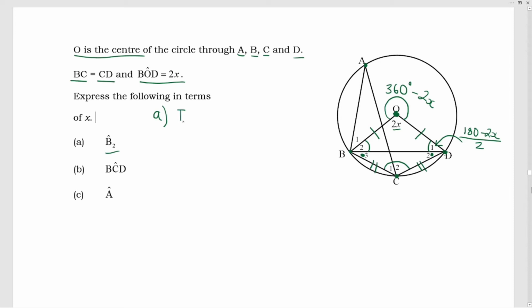I'm actually going to write that down. I'm going to say in triangle BOD, what I've got is I have that angle O equals 2x, which is given. And I've also got that B2 equals D1. What was the reason there? That is angles opposite equal radii.